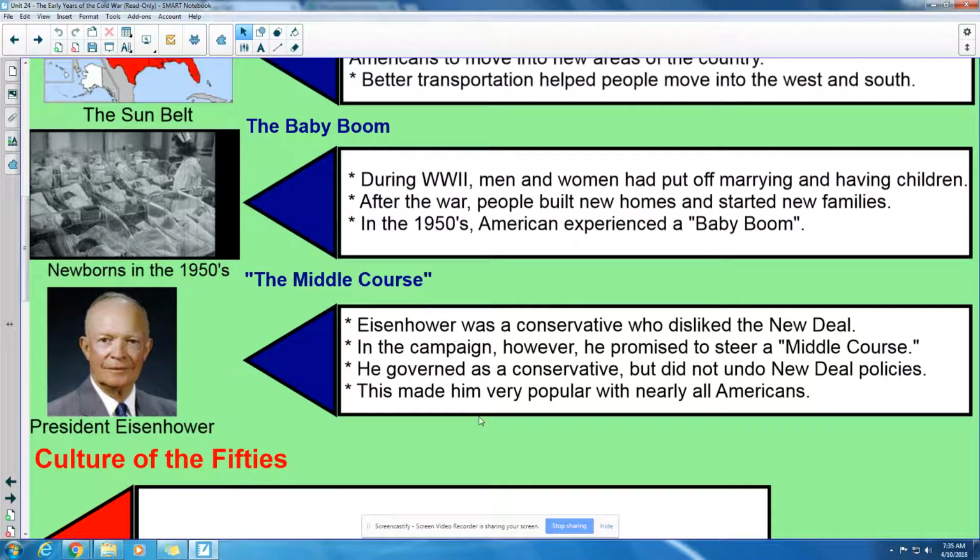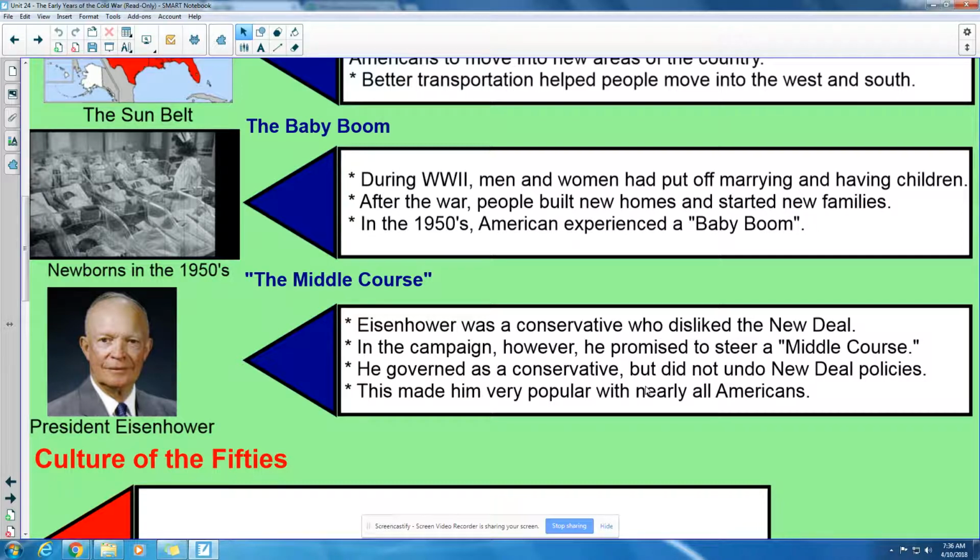So while he did govern as a conservative, he balanced that out by promising not to undo the New Deal policies, to acknowledge that while the Democratic liberal presidents were in charge, they had established these policies for the nation, and I'm not going to cancel them. But moving forward, we're going to move forward more conservatively.